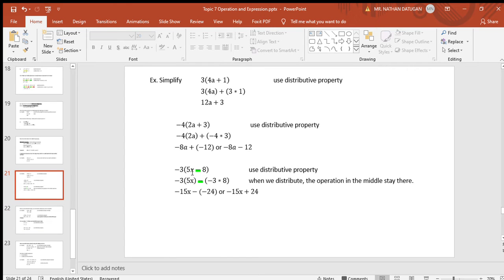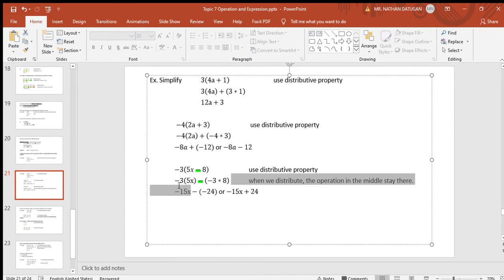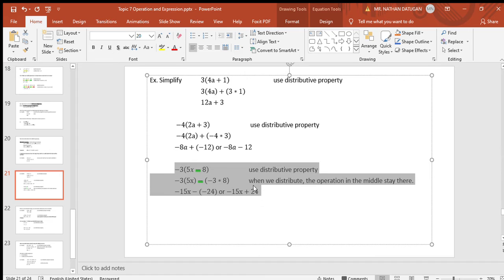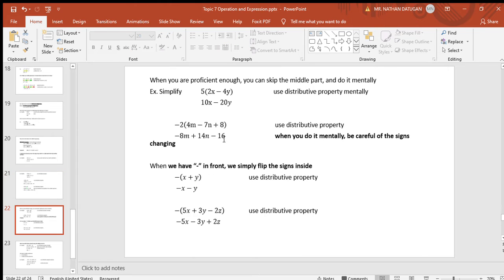The good thing is, if you're pretty good at doing this, you can actually skip this part. You don't need to show this, and you can do it in your head. You can mentally do this part. You don't need to show that in your papers.